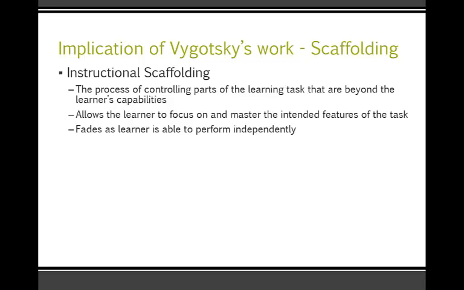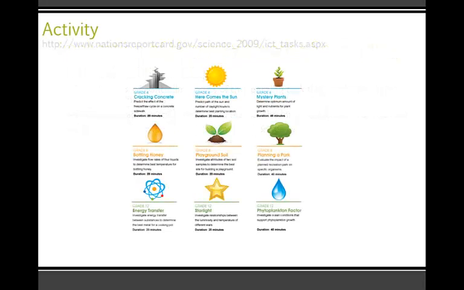They've become reliant on the scaffolding and they don't learn. So it's really important that we do scaffold so that learners can focus on what they need to be learning, but that we do remove the scaffolding at some point so that they're able to complete that cycle and actually learn. So those are two theorists that are major theorists for constructivism.